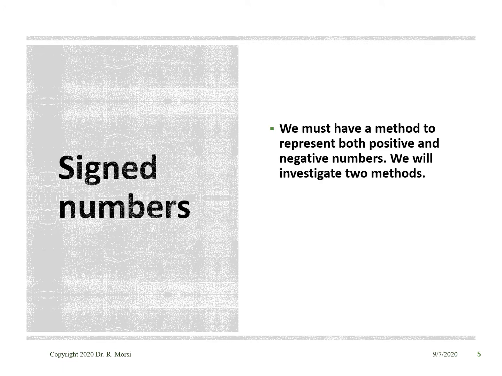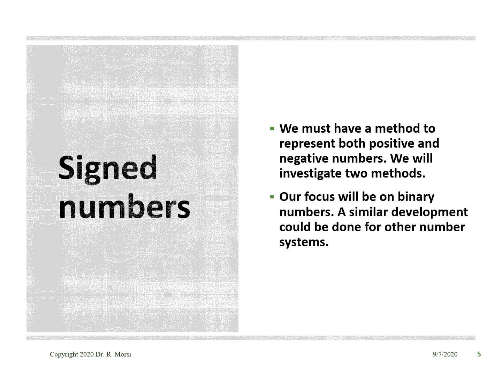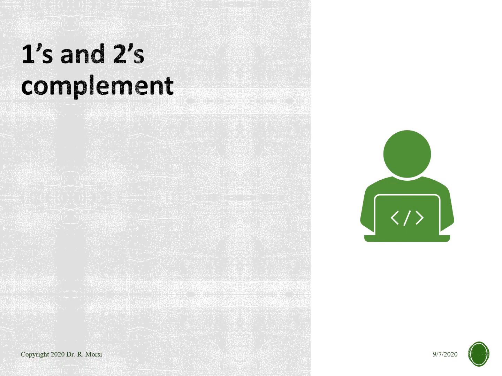We must have a method to represent both positive and negative numbers in any number system, just like we do with decimal numbers. We're going to investigate two methods for doing this. Our focus will be on binary numbers right now, and a similar development could be done for other number systems.